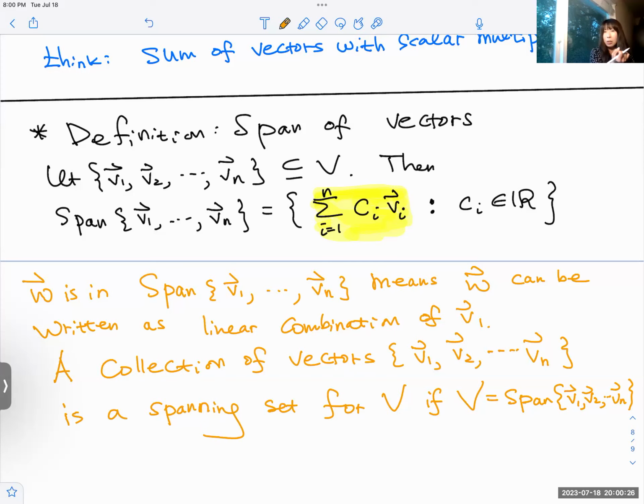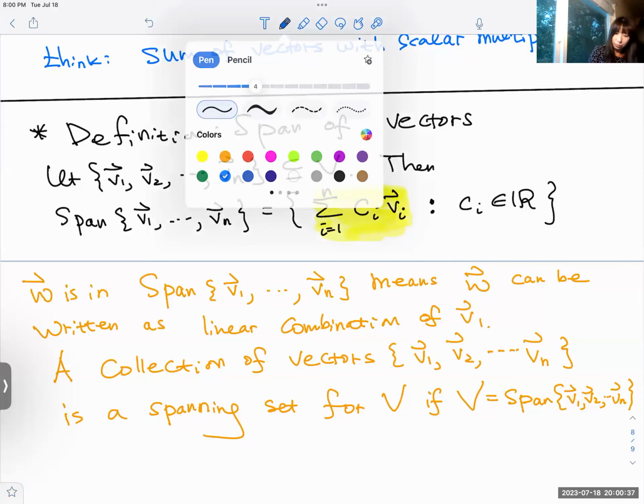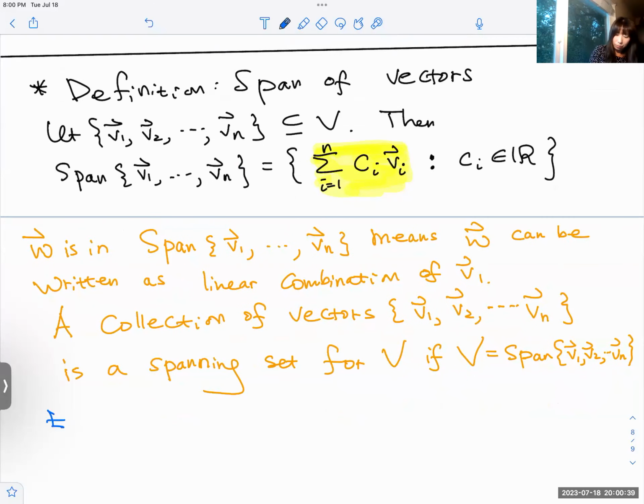So in general, span of vectors is the set of all linear combinations.